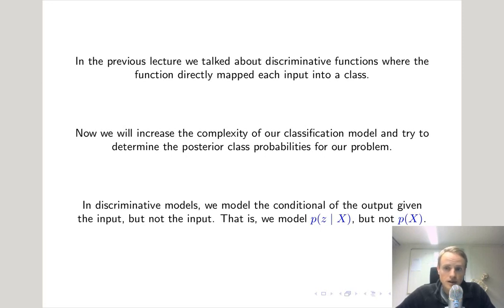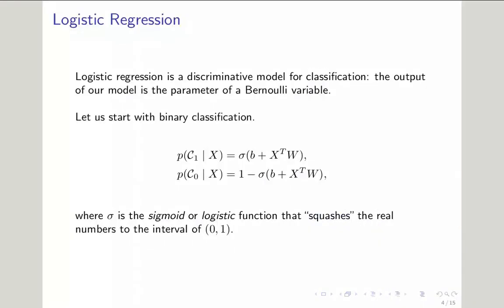Discriminative models up the ante a little bit in terms of complexity by modeling the posterior of the data points, so that we can better classify new data points and also have probabilities to help us classify data points that are not linearly separable. But remember that we're modeling the posterior and not the prior.